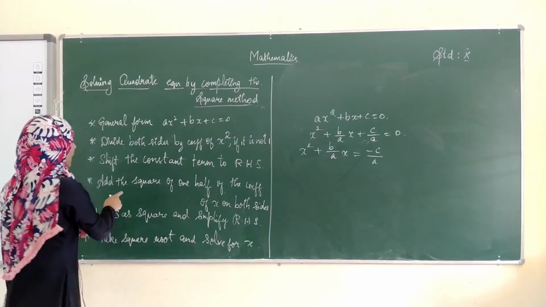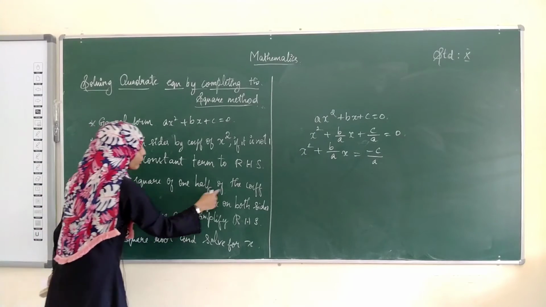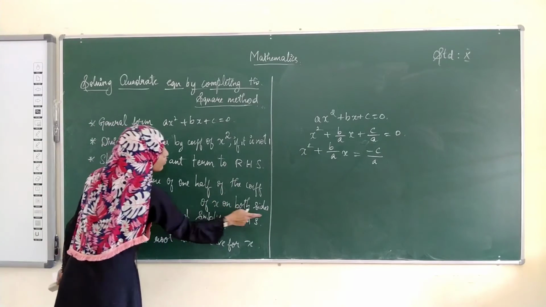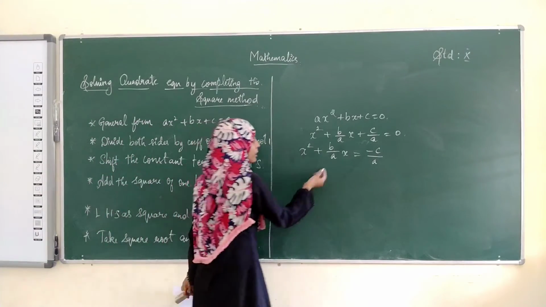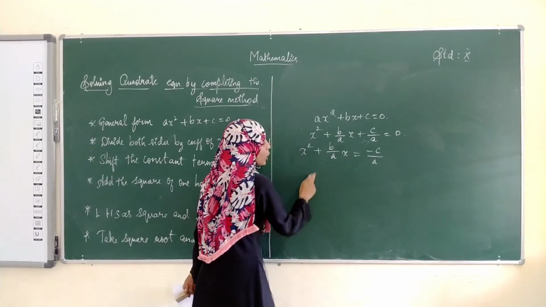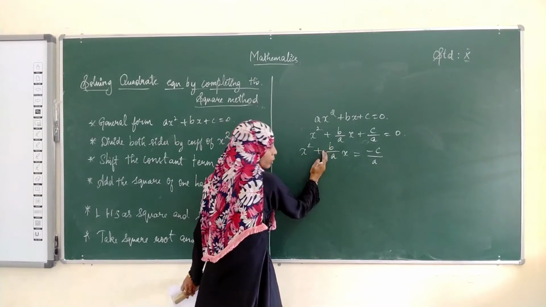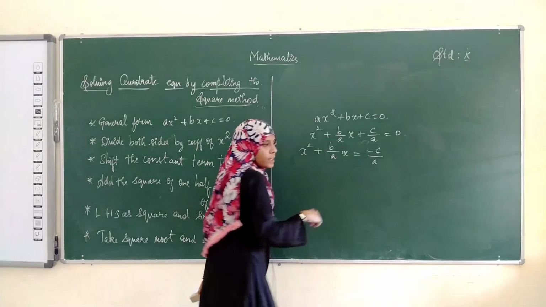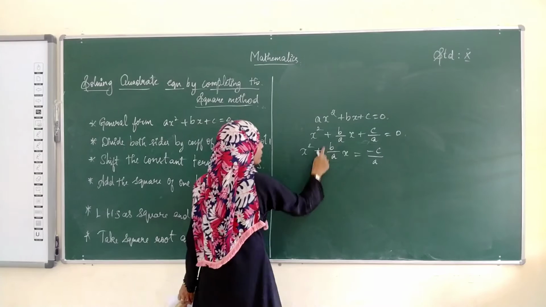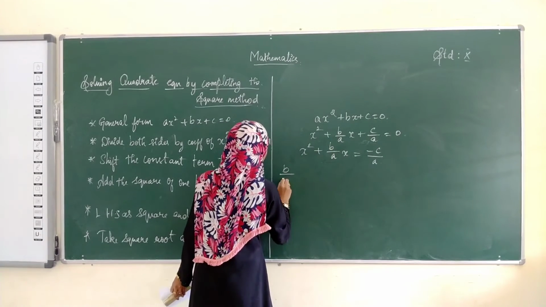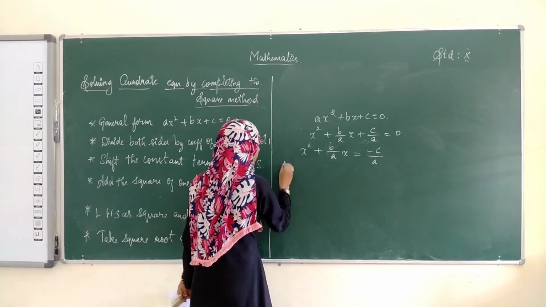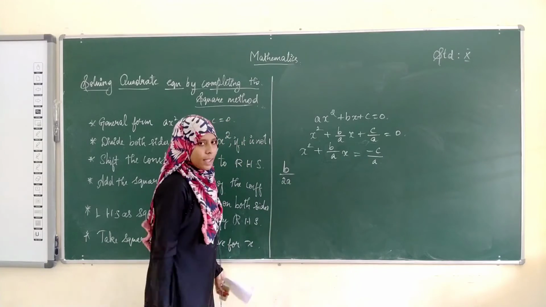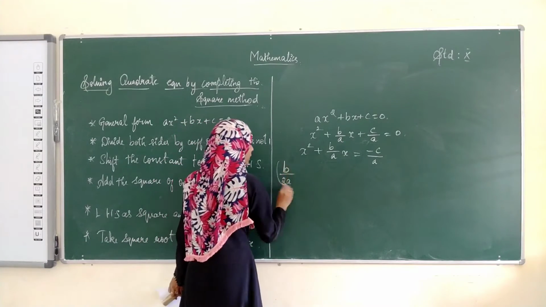See the next step. Add the square of 1/2 of the coefficient of x on both sides. What's the coefficient of x? b divided by a. We have to add the square of 1/2 of the coefficient of x on both sides. What's the square of 1/2? 1/2 of this term is b divided by 2a. The square is the whole square.